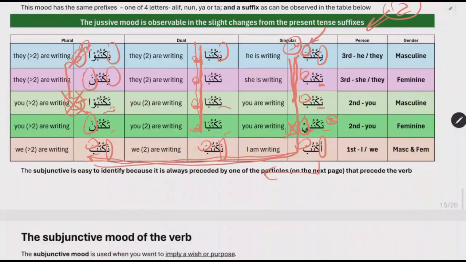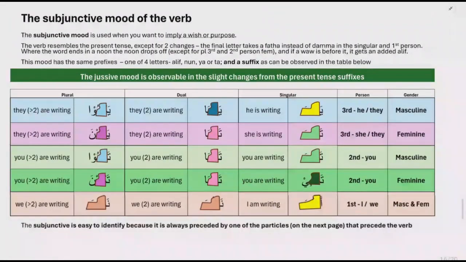Now, again, I've just taken the word kataba out of it. If you look here, the alif, nun, ya, ta: there's the alif here, the nun there, same as the previous table, and the ya.